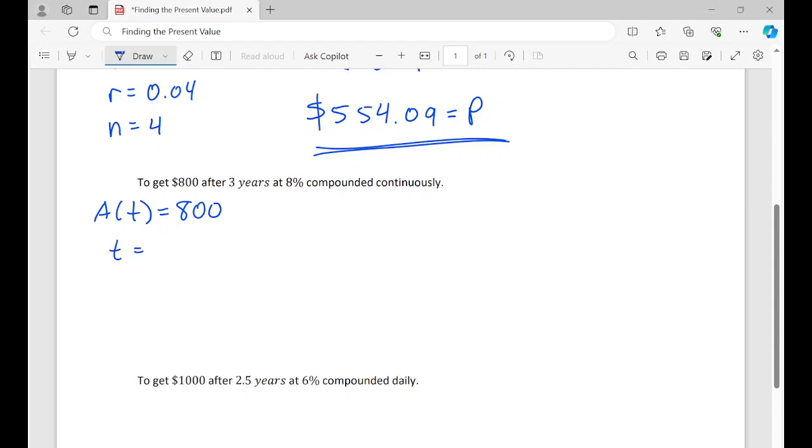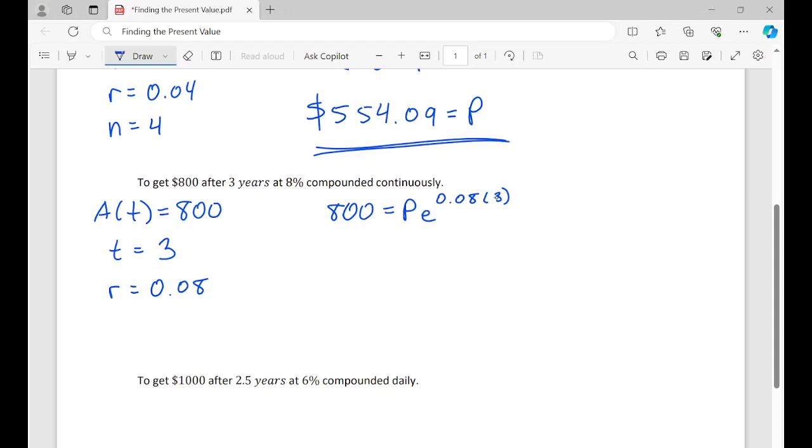The amount of time that passes by is 3 years, and the rate is 8%, so 0.08. Now we just plug it into our formula. So it's going to be 800 equals Pe, again e is a number, to the rt, so 0.08 times 3.